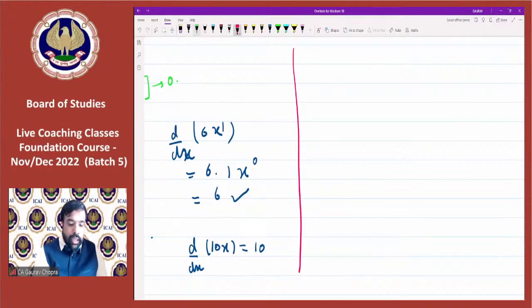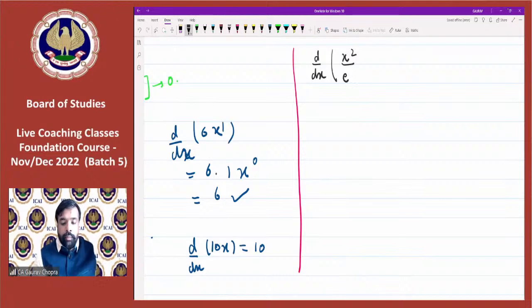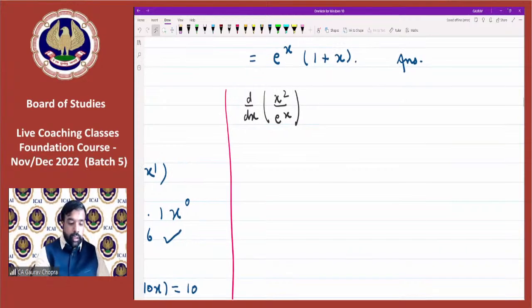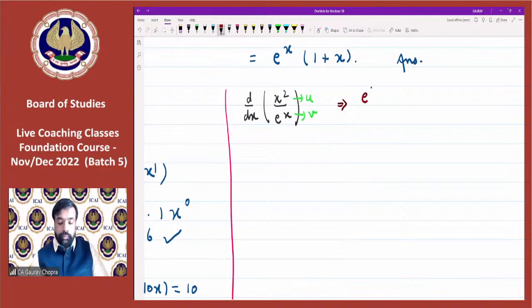Now this time we are having d by dx of x square upon e to the power of x. Okay, so these are the two functions. So now let's try what will happen. So x square is simply u and e to the power of x is v. So the first step is we have to keep denominator as it is.